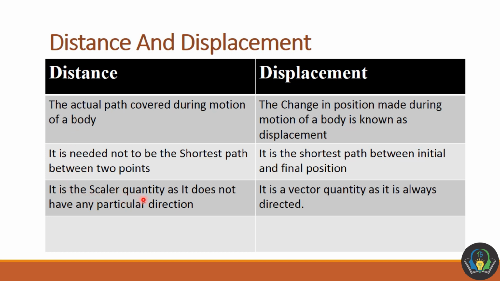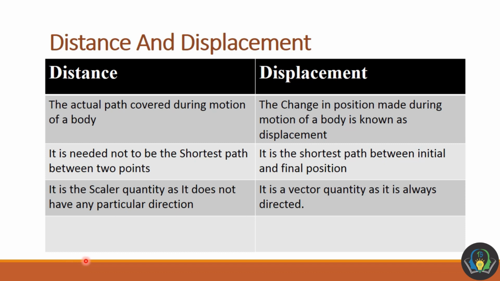Distance is a scalar quantity, as it does not have any particular direction. When I am saying I traveled 50 kilometers, it may be in any direction. It may be going to a place and coming back. It may be going to place A, traveling to place B, and then again coming back to place A.